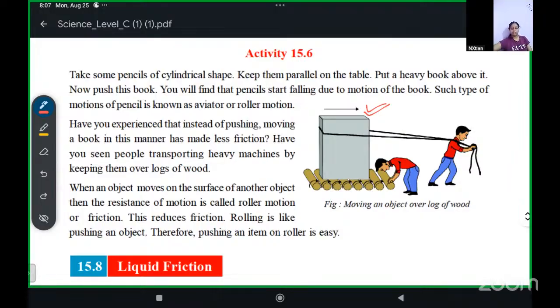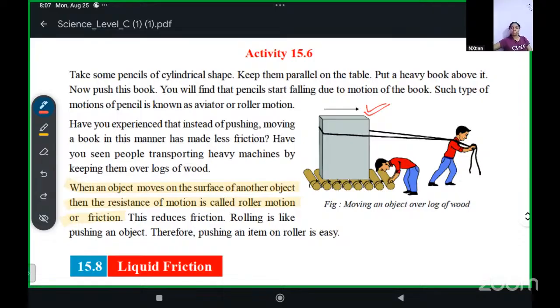When an object moves on the surface of another object, then the resistance of motion is called roller motion or friction. Yes, Abraham. I have a point, ma'am, and I'm not sure why it's called roller motion.